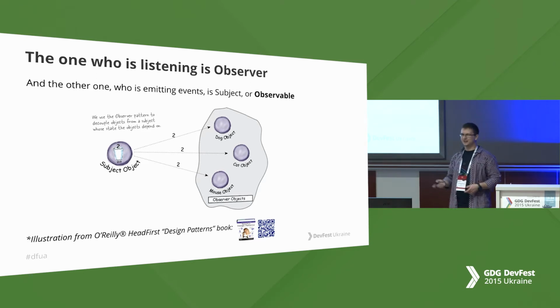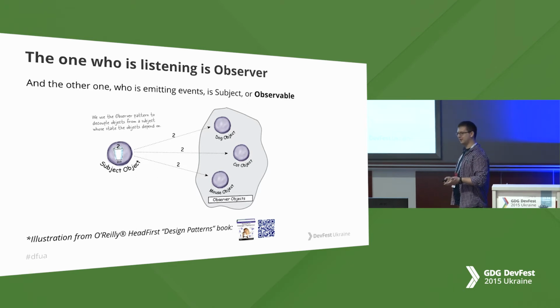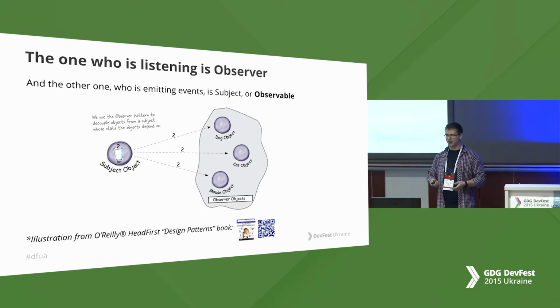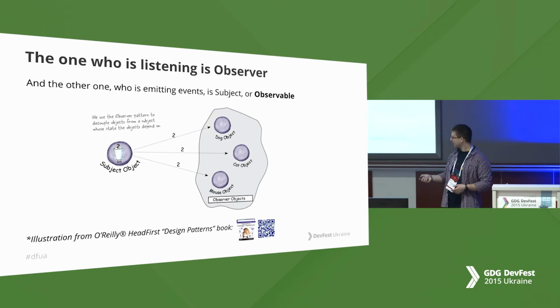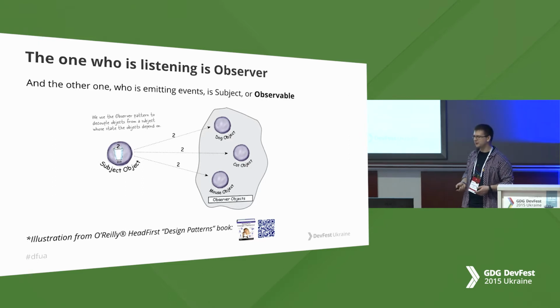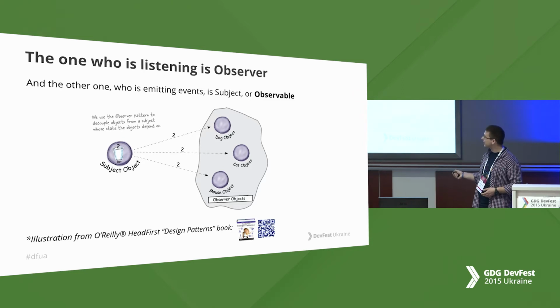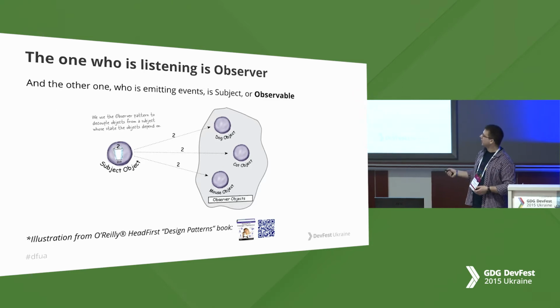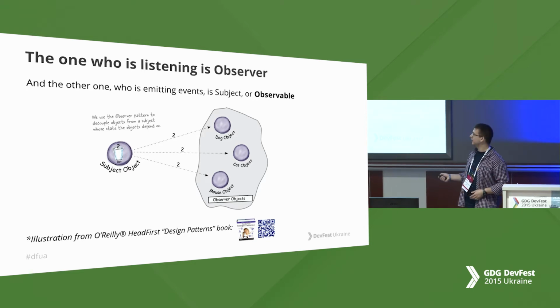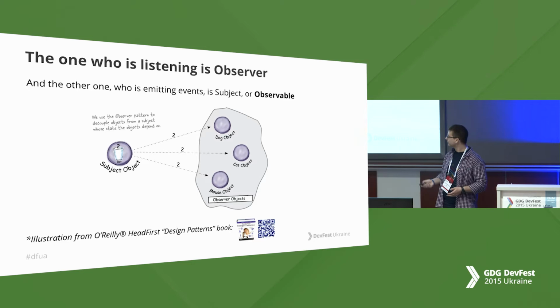The second part is that when we listen for something, we are observers or listeners. And there is a great book, the first design patterns, or maybe the original book about design patterns, that describes the observer pattern that says that there is a source of something, a subject, a source, observable in terminology of RxJava, and there are listeners, and listeners can be a lot, but the source may be something unique.